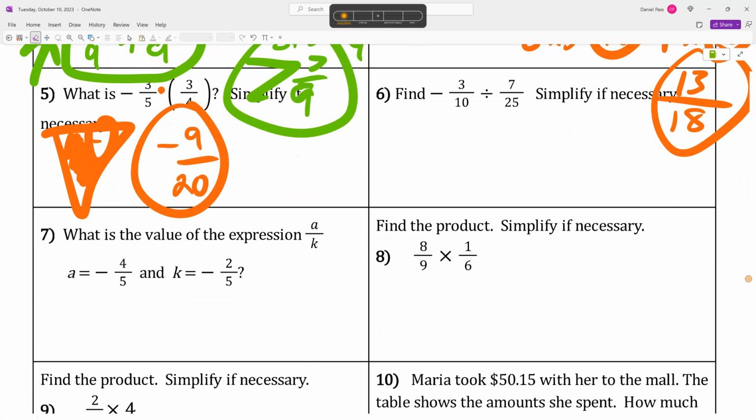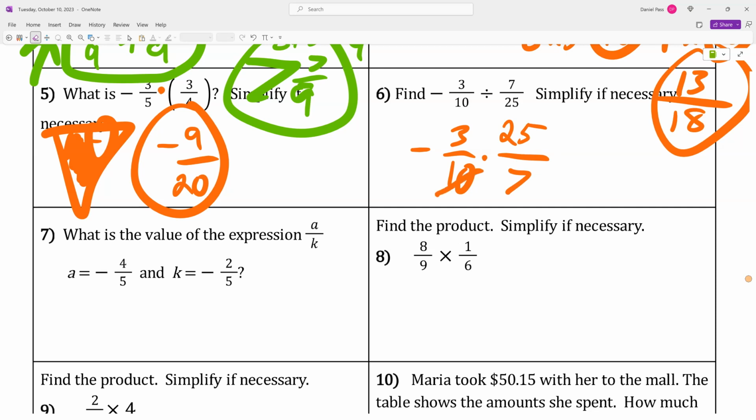Number 6. Negative 3/10 times 25/7. Careful, we have to use the reciprocal. We divide by 5. We get 2 and 5.